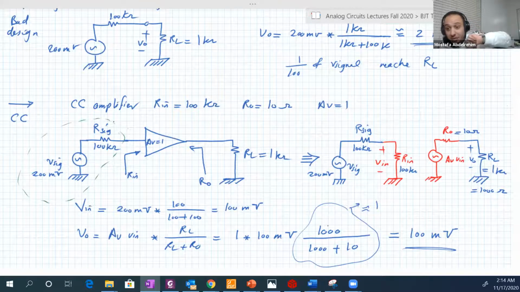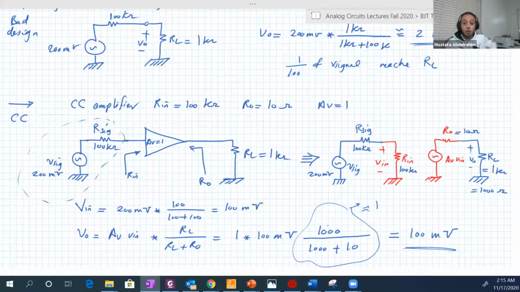Remember, the common emitter has voltage gain larger than one, usually big, very good, but it has small R input and high R output. So the output will be high, good, but RO is high. So if you just connect a load to the common emitter, this will be bad.